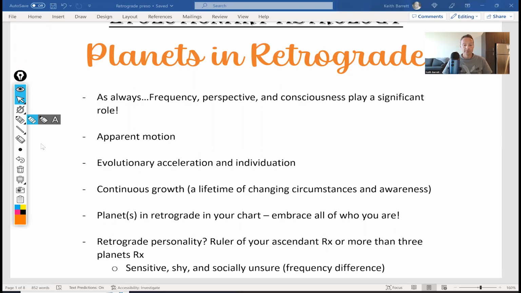And so that's what these RX symbols mean. They give you some more context in terms of maybe the unconscious stuff, which you can bring more to your conscious awareness to make this reality better, right? More peaceful, more harmonious, more collaborative, higher vibration, right? Which goes back to frequency.